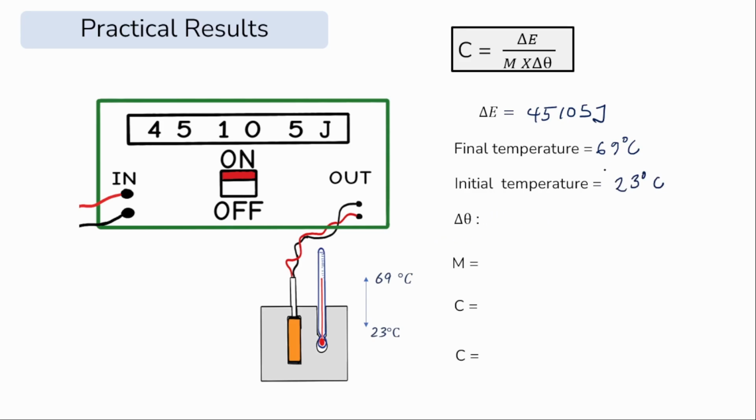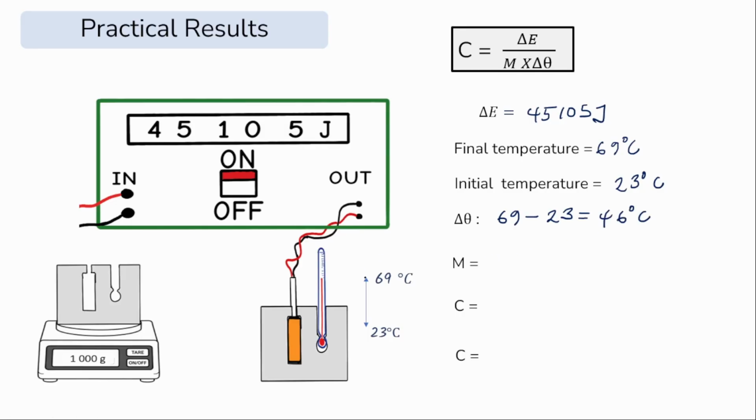So the change in temperature would be 69 take away 23, which is equal to 46 degrees Celsius. The mass was measured as 1000 grams. To convert that to kilograms, we would divide by 1000, and that would give us 1 kilogram.